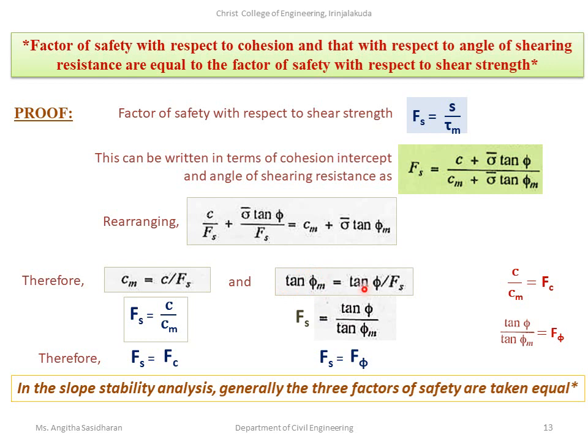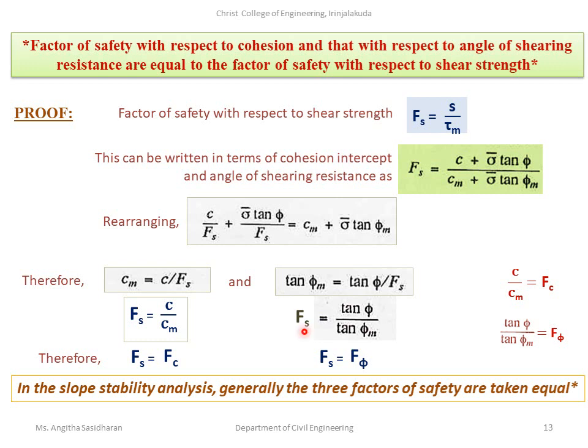So again, Fs is equal to c divided by cm, isn't it? Bring Fs to this side and cm down. Fs is equal to c divided by cm. And what is this c divided by cm? It's nothing but the Fc value. Fs is equal to Fc.